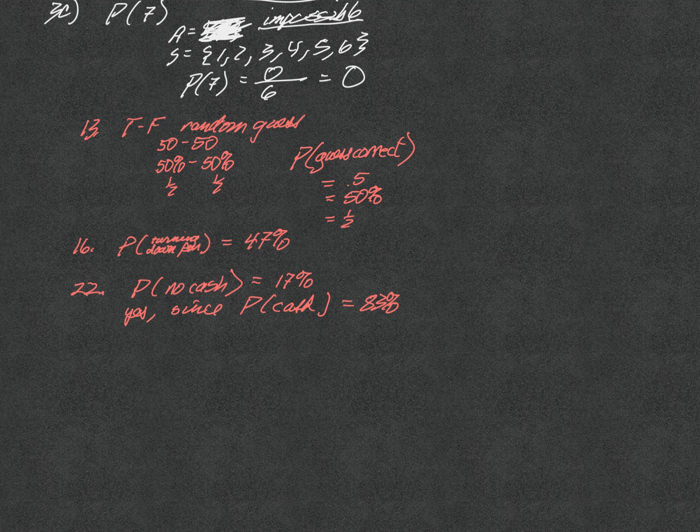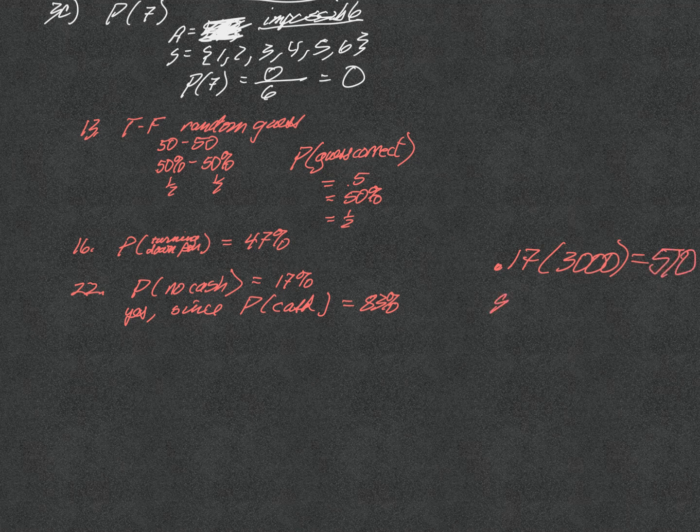Now, another problem you could get from this is you could ask yourself, how many adults would you expect to carry cash? Or how many adults would you expect to have no cash? Since 17% is the probability of not carrying cash, you could say 17% of 3,000, which if you multiply that out is equal to 510.